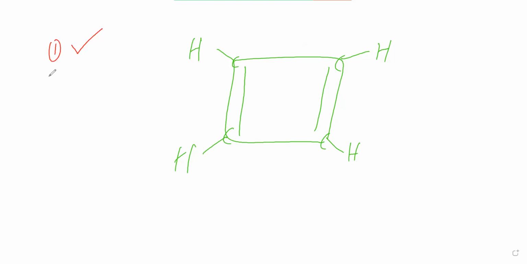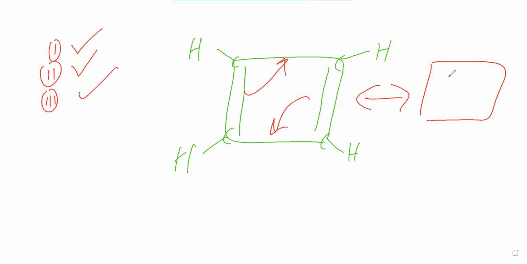Is it a planar structure? Yes, because each carbon is sp2. Third point: does it have conjugation? Yes. See, double, single. This bond can move here, and we can have this structure. Then again this bond will move. Is it clear now?